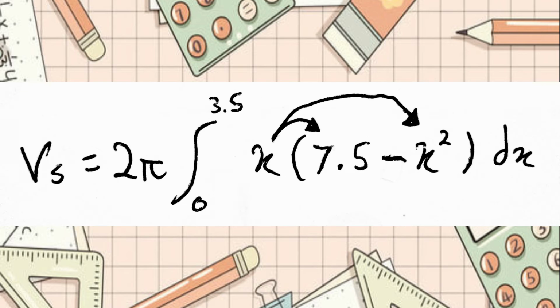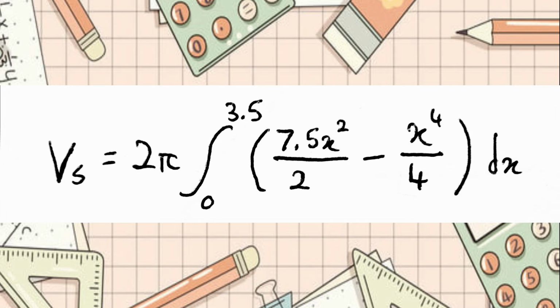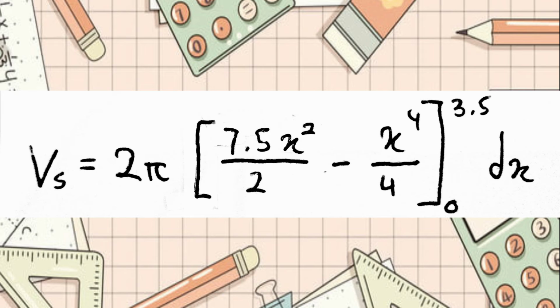Now we will solve this by multiplying x into the brackets. So now we will get 7.5x minus x to the power of 3. Next, we integrate and we will get 7.5x squared over 2 minus x to the power of 4 over 4. Now we will solve this using definite integrals where the upper limit is 3.5 and the lower is 0.